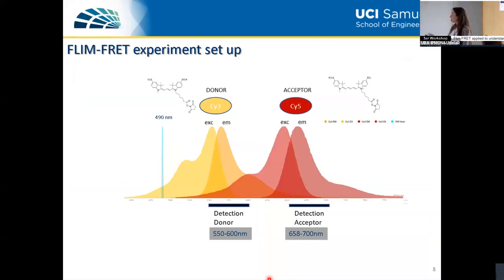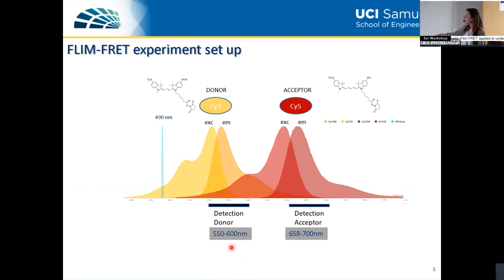So for our FLIM-FRET experiment, we use the same donor and acceptor pair. Again, we excited with a pulsed laser of 490 nanometers with a frequency of 80 megahertz. Then we detected the donor fluorescence in a channel of 550 to 600 nanometers.